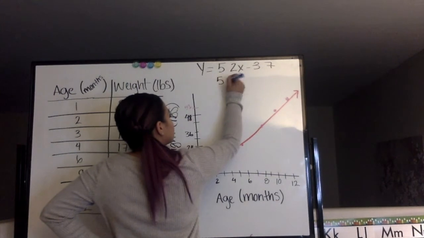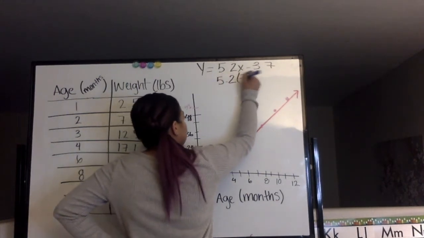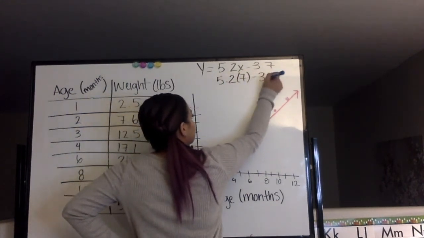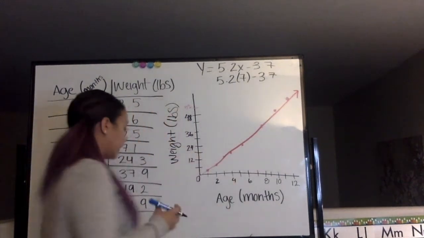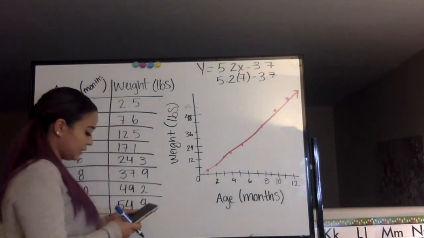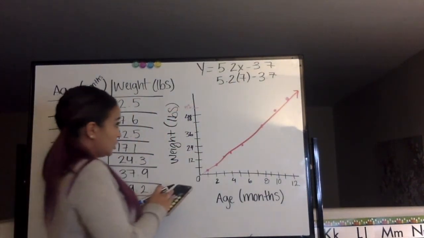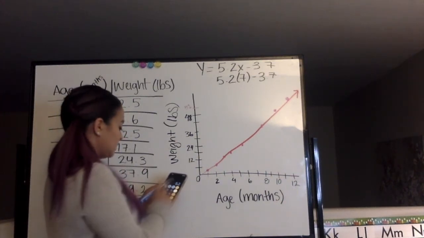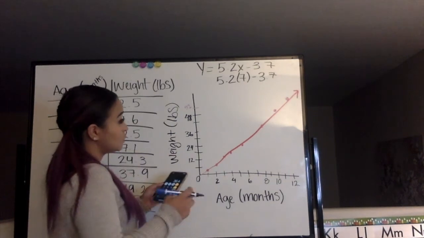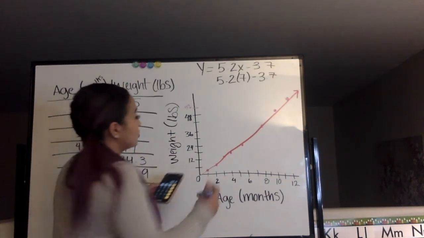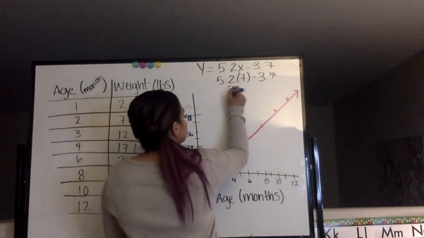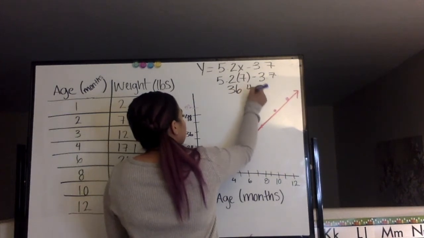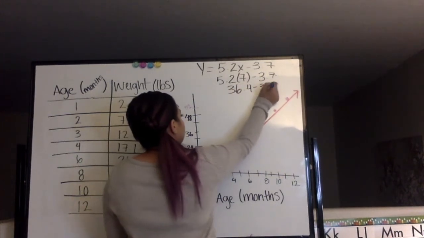Let's plug in 7. 5.2 times 7 minus 3.7. And again, we could use our calculator. So we're going to be multiplying 5.2 times 7, which is equal to 36.4. So 36.4 minus 3.7.